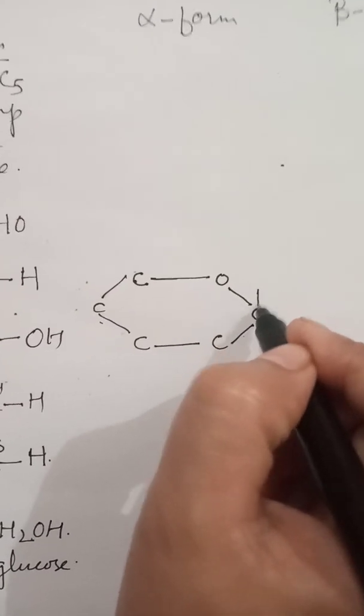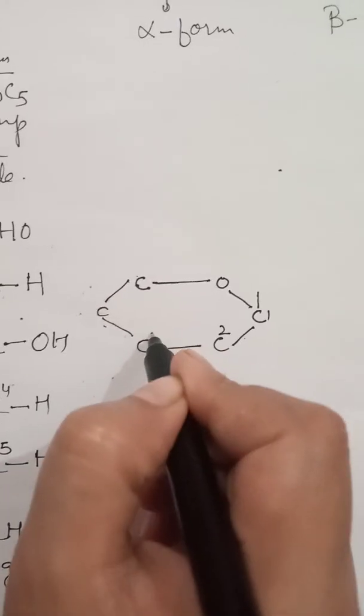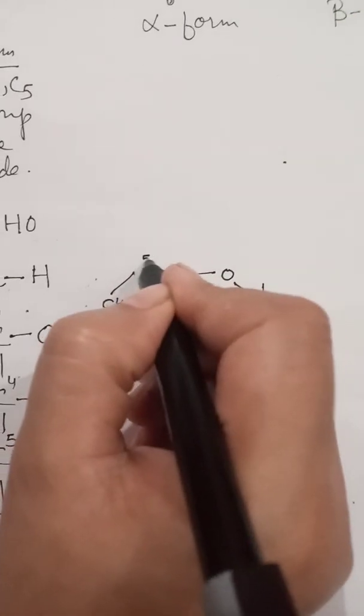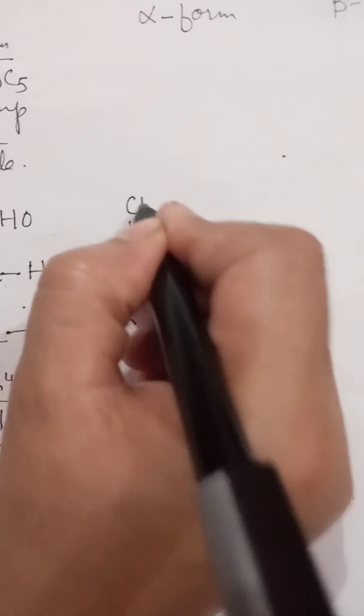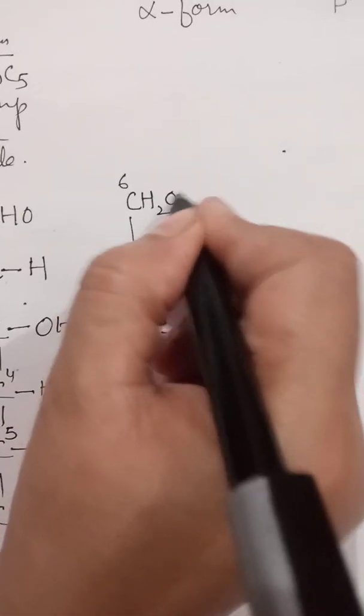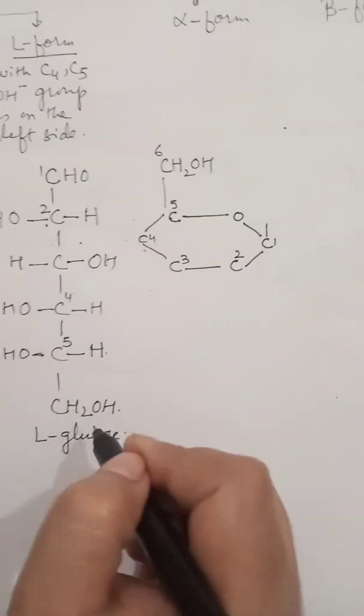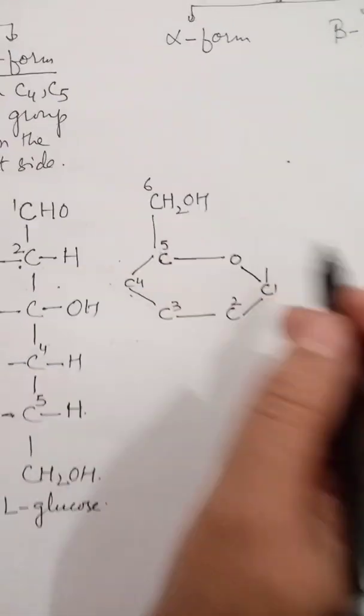So this is carbon number 1, 2, 3, 4, 5, and this is carbon number 6, CH2OH. Last one, I will write over here.